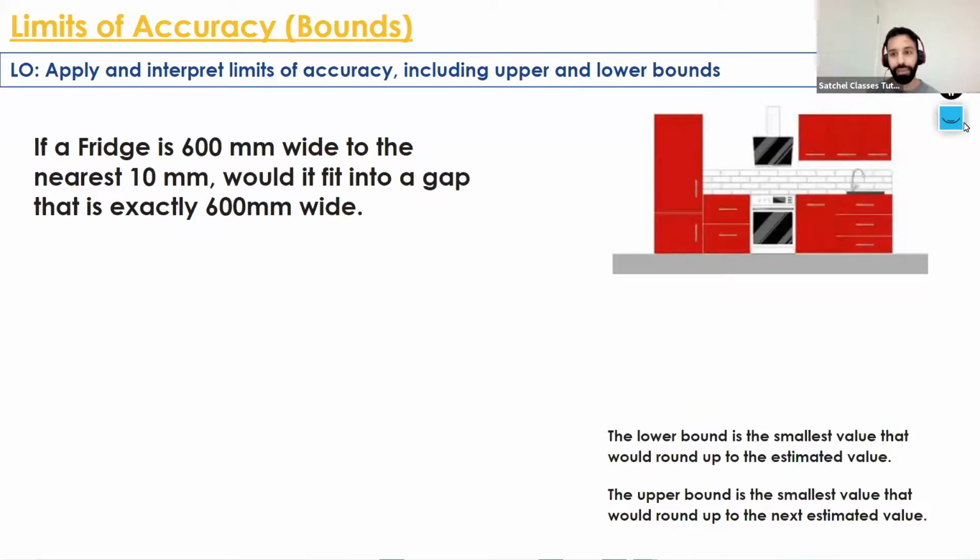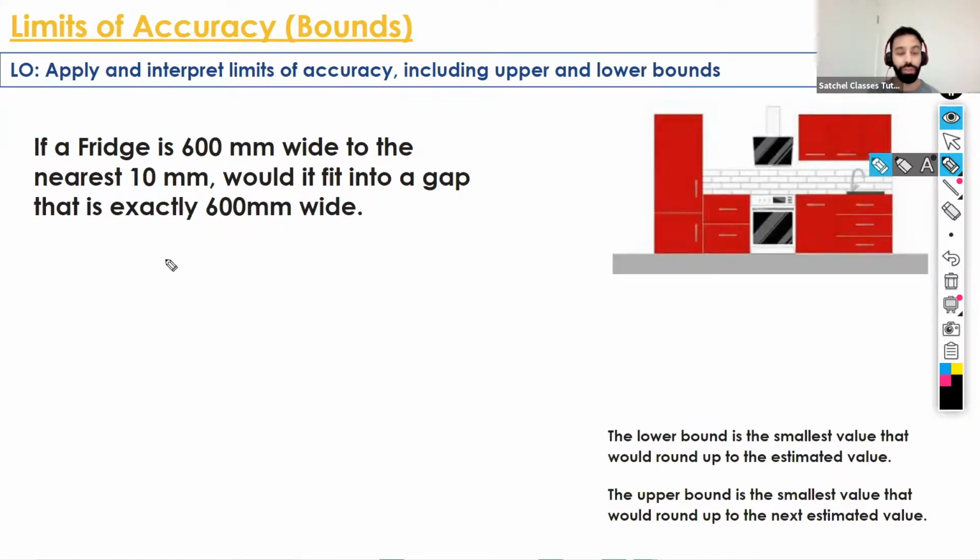Now, what does this actually mean? The fridge is 600 millimeters wide to the nearest 10 millimeters. So the fridge may be, let's say, 594 millimeters.